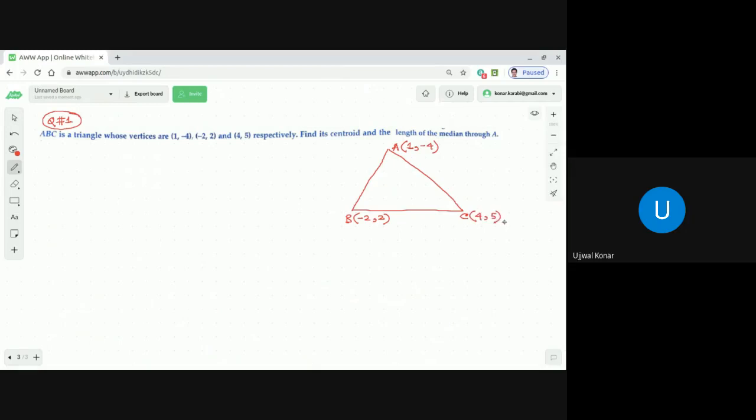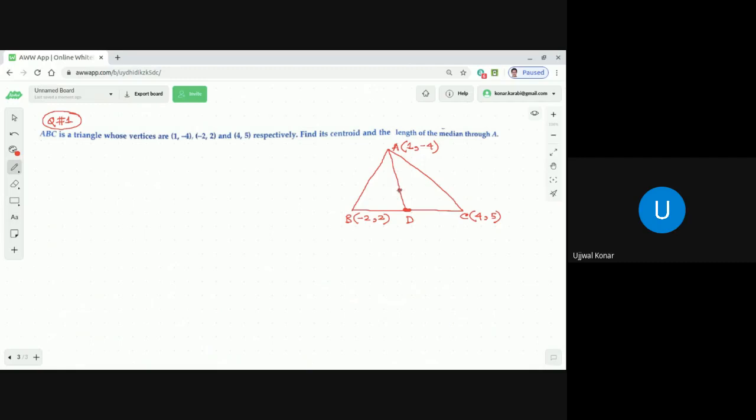Now, the median through A means from the point A, we are going to draw a straight line which will cut the straight line BC at its midpoint D. So AD is the median, and we need to find the length of AD. That is the second part of the question.